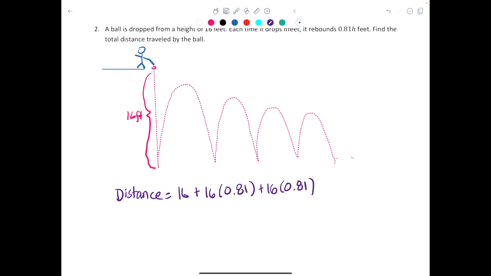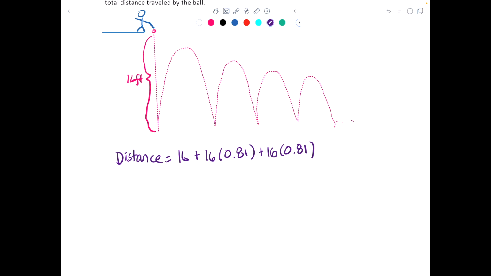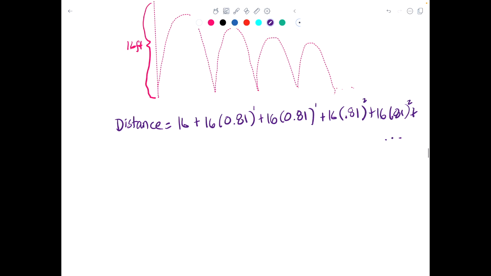And that's to the 1, right? That's going to be our r. And then it would go 16 times 0.81 squared, plus 16 times 0.81 squared, right? And it would go on and on with that behavior.